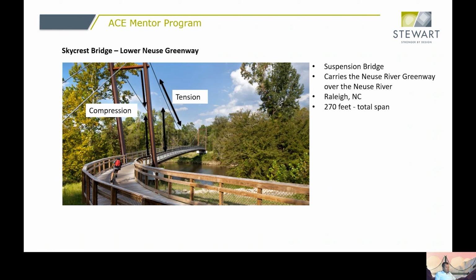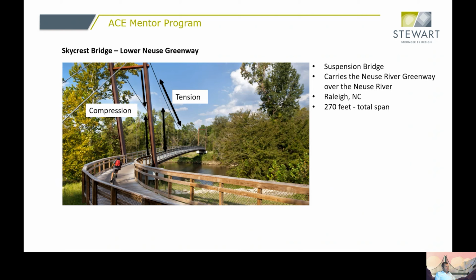And the reason we chose a suspension bridge is that where this thing is, it's back in the woods, not easy to get to, and not easy to get any construction traffic to. So the one thing that we came up with is a suspension bridge that can be built with pretty light components, individual members. A truss bridge was possible, but to get a truss bridge out there would have taken a lot of effort, would have taken a lot of clearing, a lot of heavy equipment to get it back there.